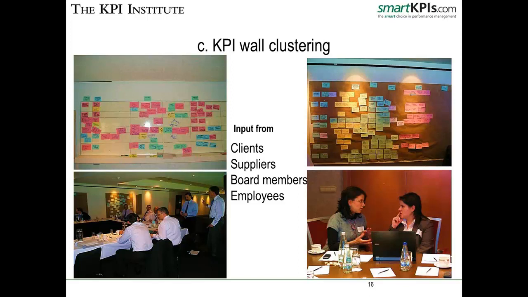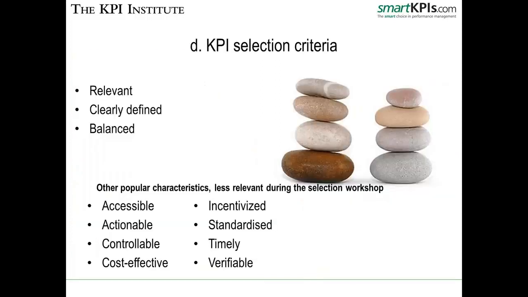Stakeholders are not there only to be consulted, but they're also there to be involved. So input from clients, suppliers, board members, and employees can be obtained either before or during such workshops by inviting them to certain parts of the KPI selection workshop.